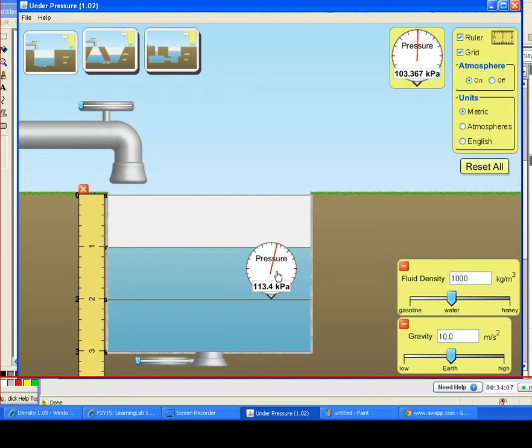Can't be, no, Alicia. You're adding 2 meters of water. Each meter is 10 kilopascals. So it has to be at least 123 point something or 122 point something at a bare minimum. So your answer obviously can't be right. Remember, this time you're taking away 2 meters of air, adding 2 meters of water. So it's 2 times 10 and it's 2 times 0.012.